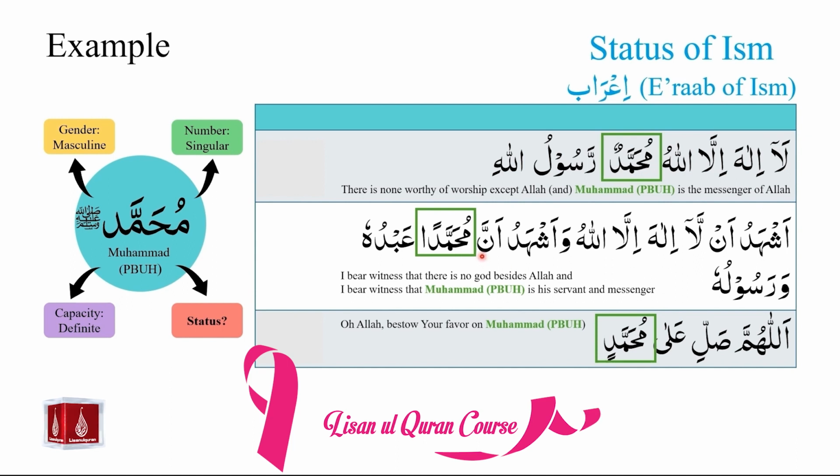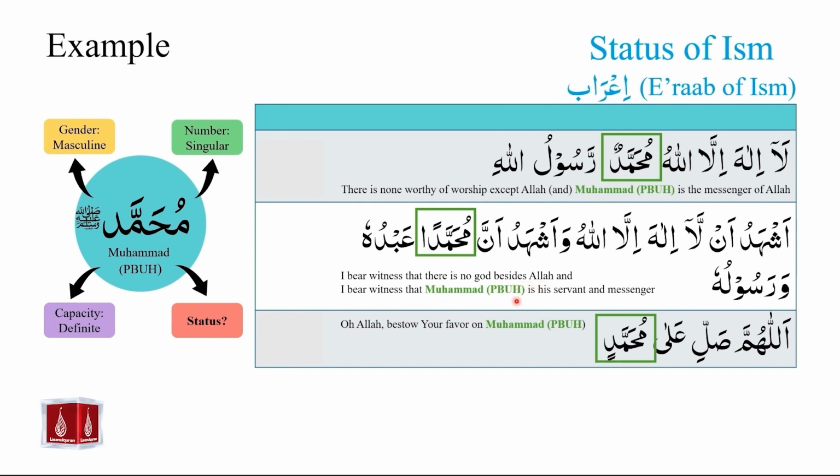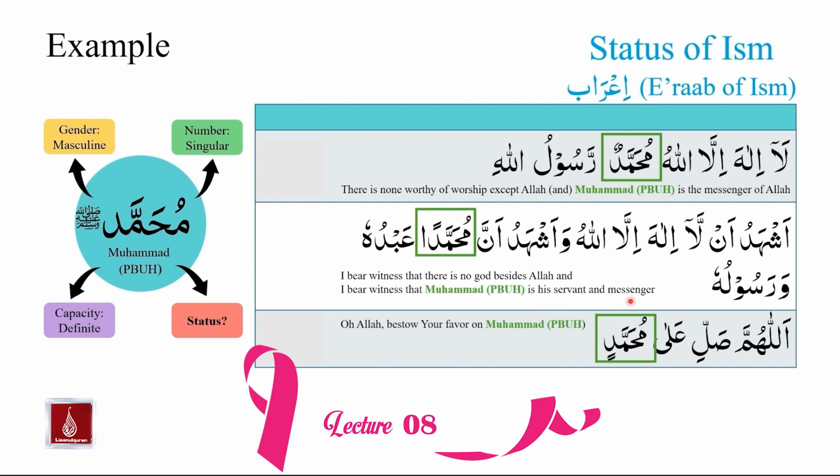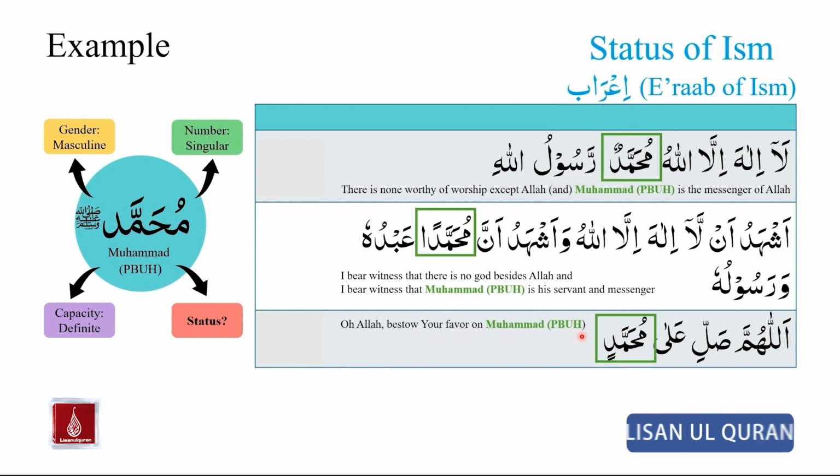In the example of Muhammadan, we are saying, I bear witness that there is no God besides Allah, and I bear witness that Muhammad, peace be upon him, is his servant and messenger. And in the case of Muhammadin, we say, O Allah, bestow your favor on Muhammad, peace be upon him.